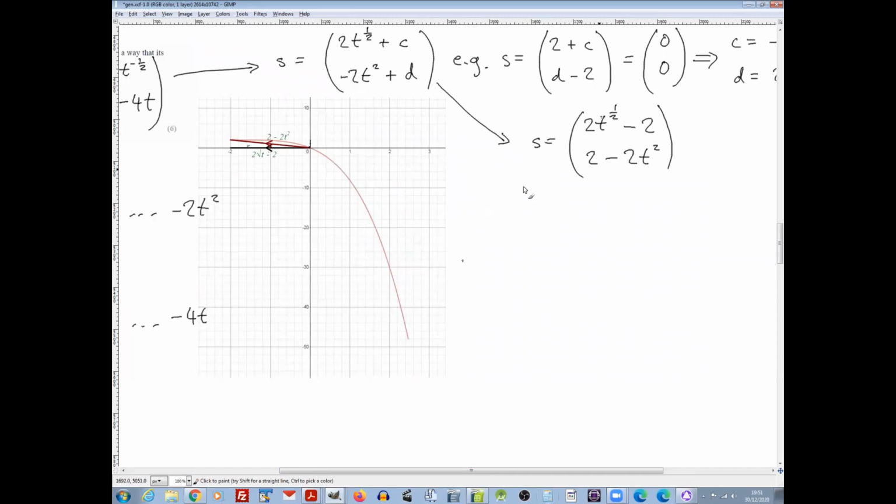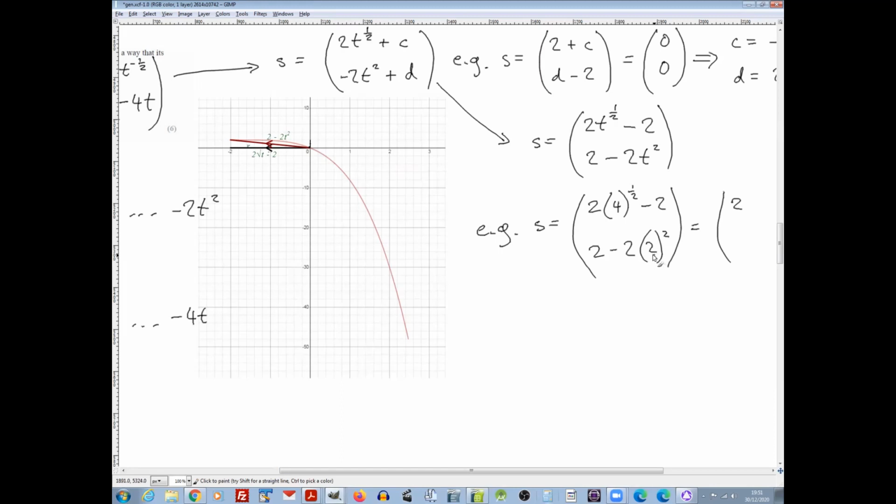What do we get? Okay, so 2 for the top. Yeah, I agree. That's 2. And then 2 minus 16... 4 squared is 16, 32, 2 minus 32, minus 30.